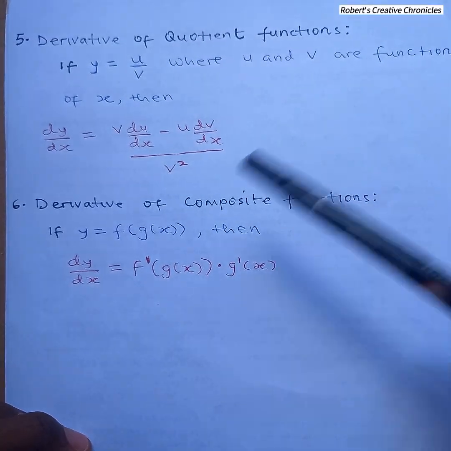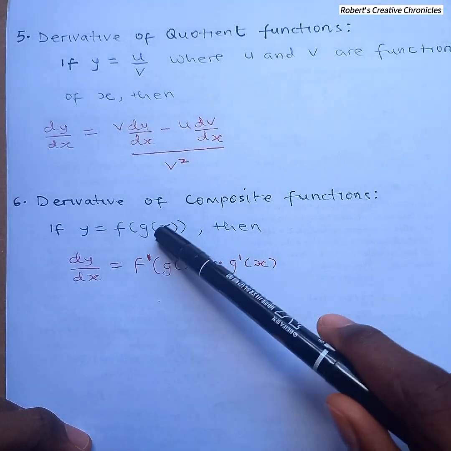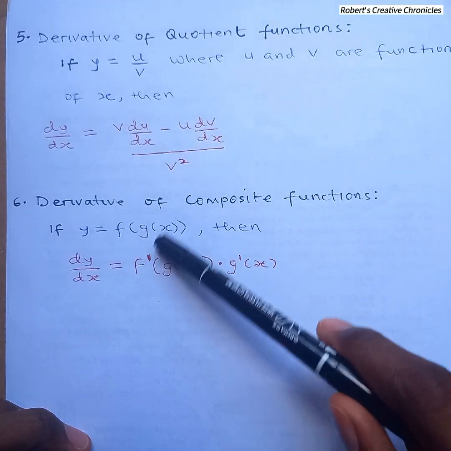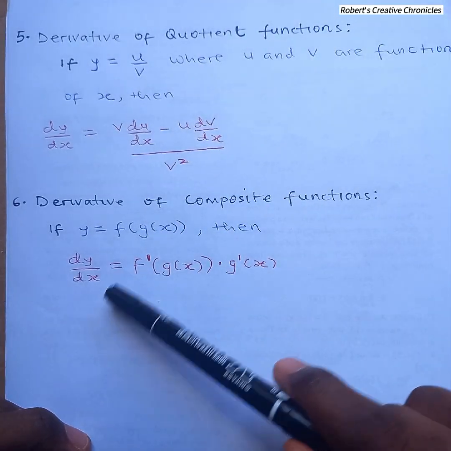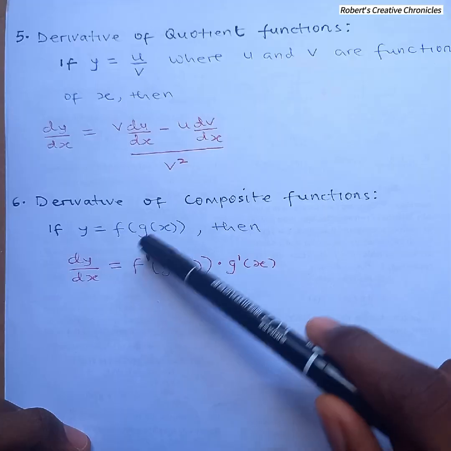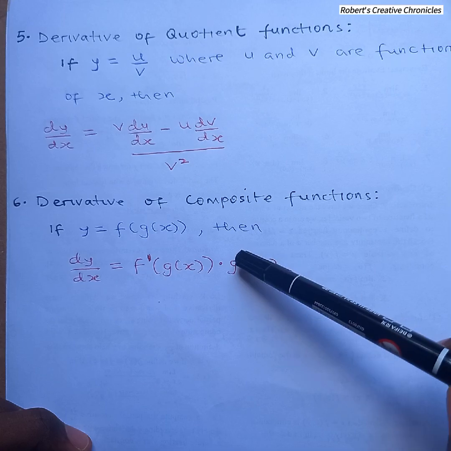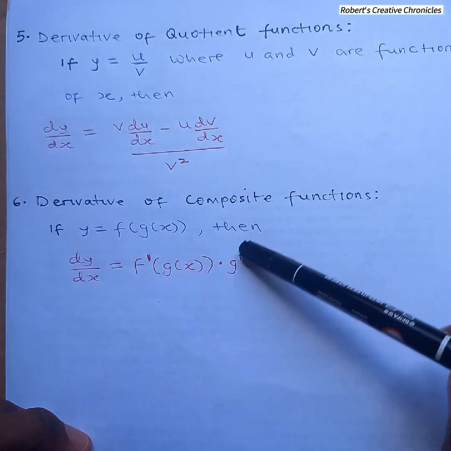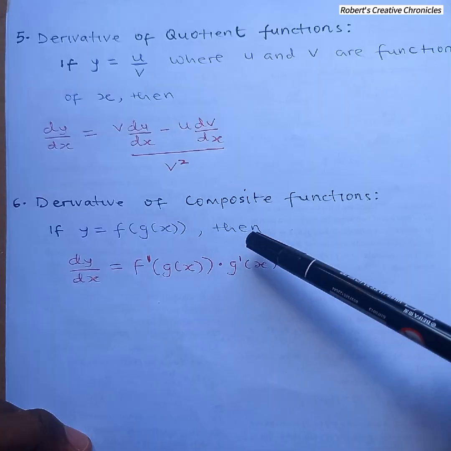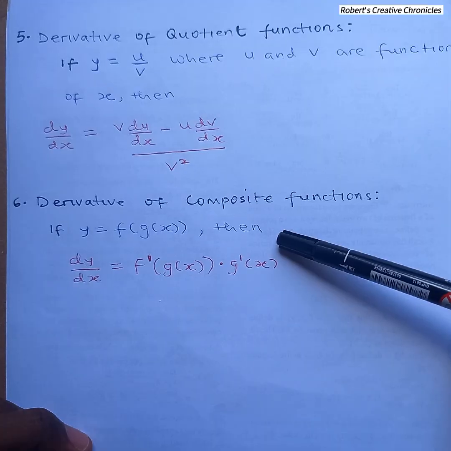And finally, derivatives of composite functions. If y equals f in bracket g of x, then dy over dx equals the derivative of the outside function, which is f prime g of x, multiplied by the derivative of the inside function, which is g prime of x. Now, there are certain functions that are function of a function, like sine 3x.